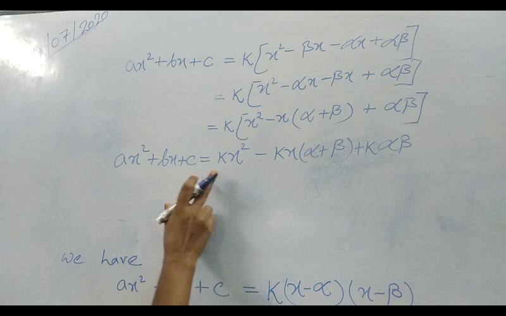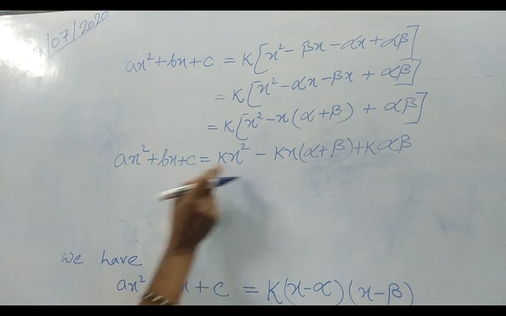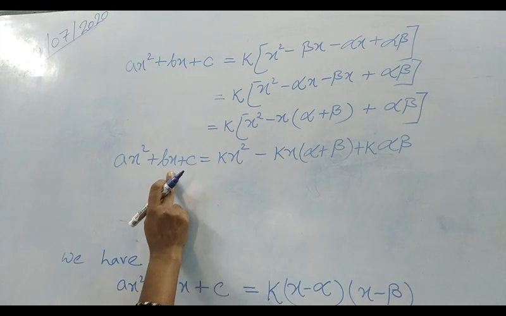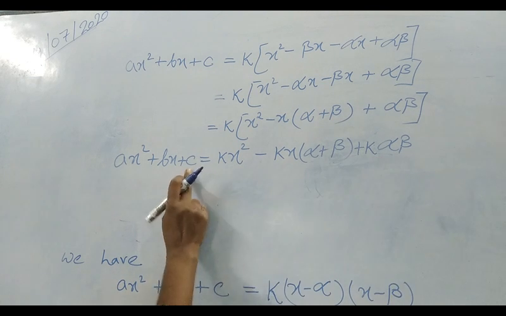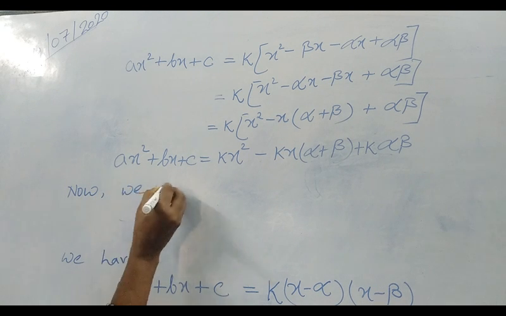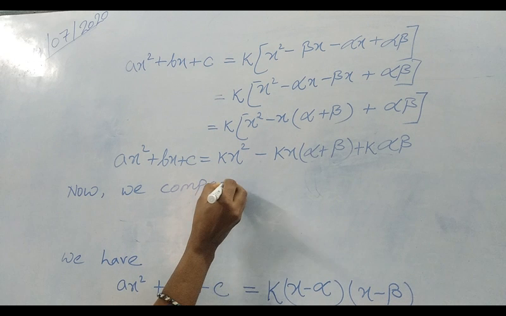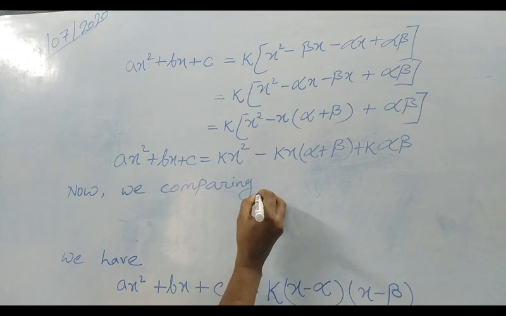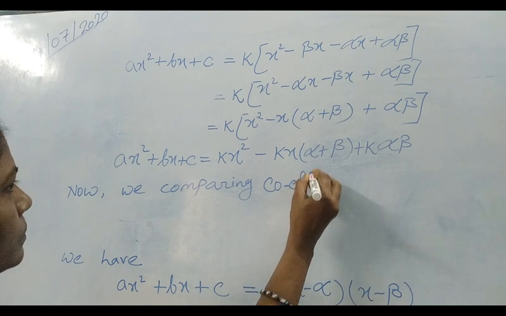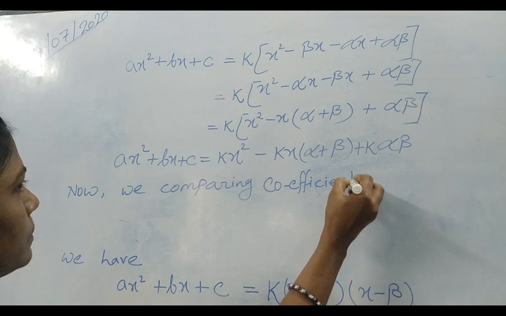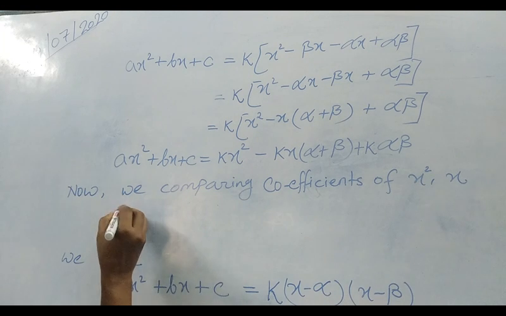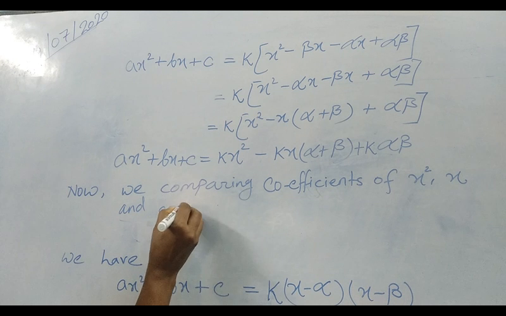Now we are going to compare the coefficient of x square from both sides and coefficient of x from both sides and constant terms from both sides. Now we comparing coefficients of x square, x and constant terms.